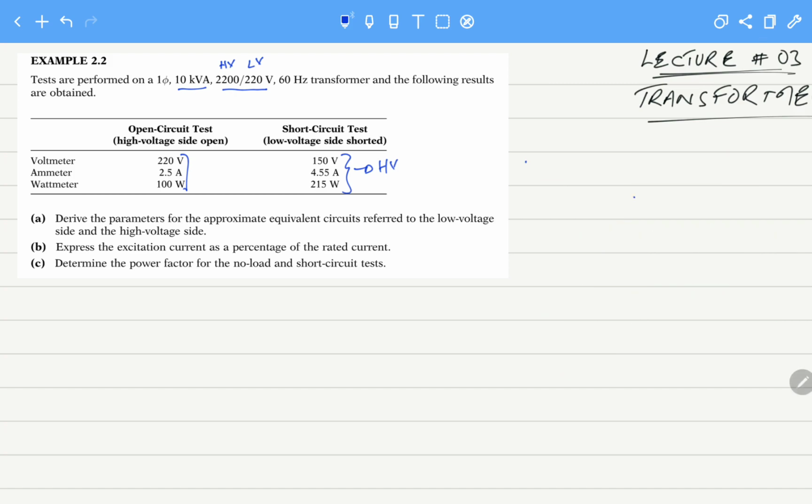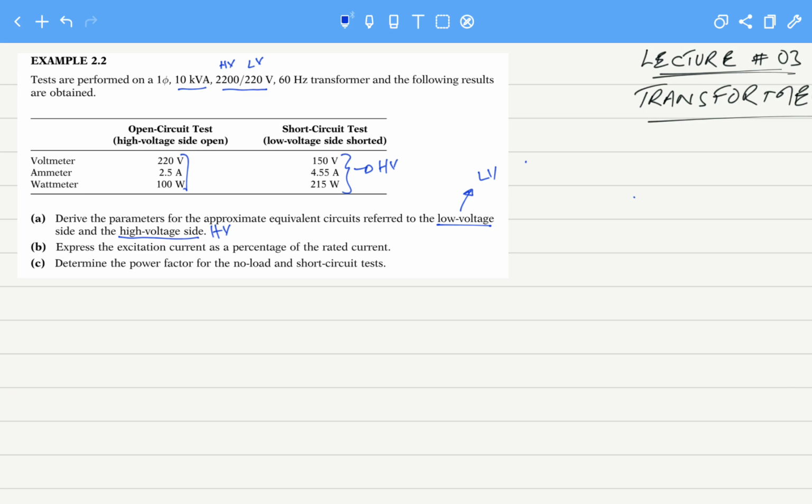Part A says that we have to derive the parameters of the approximate equivalent circuit referred to the low voltage side, which in this case is the secondary, and to the high voltage side, that is the primary. We can represent these with HV and LV. This will be simpler.